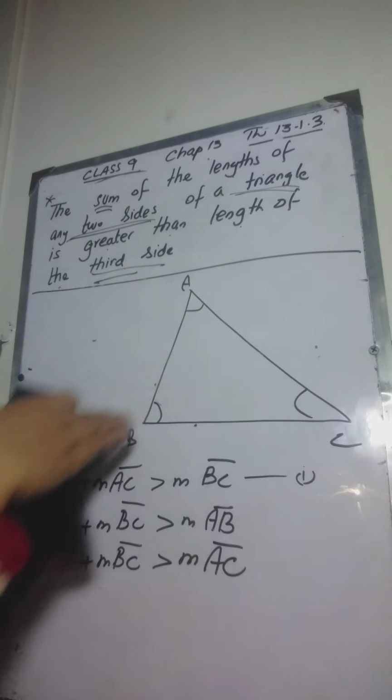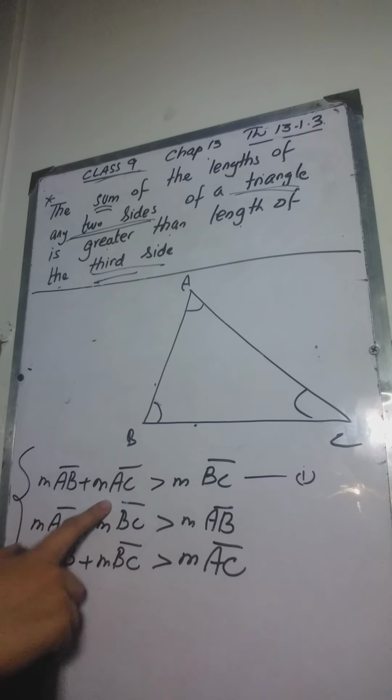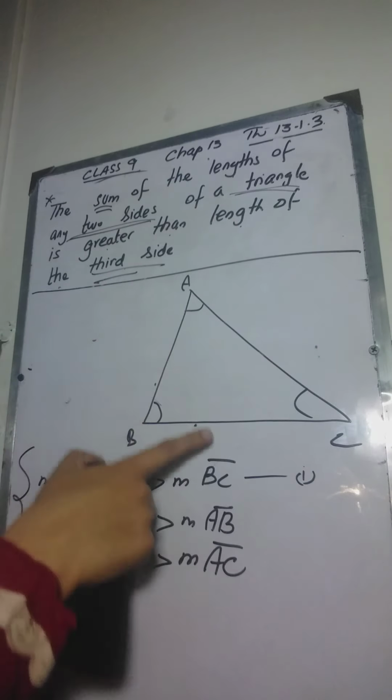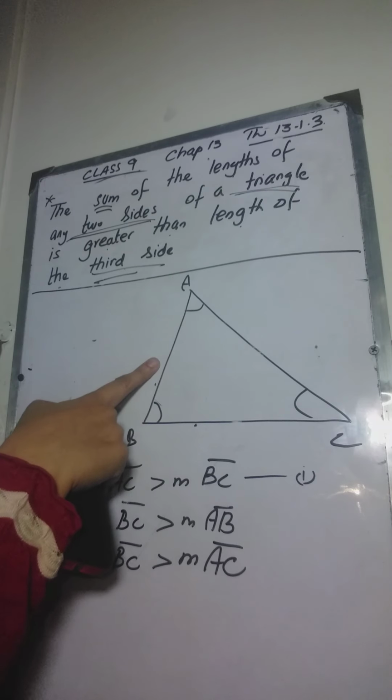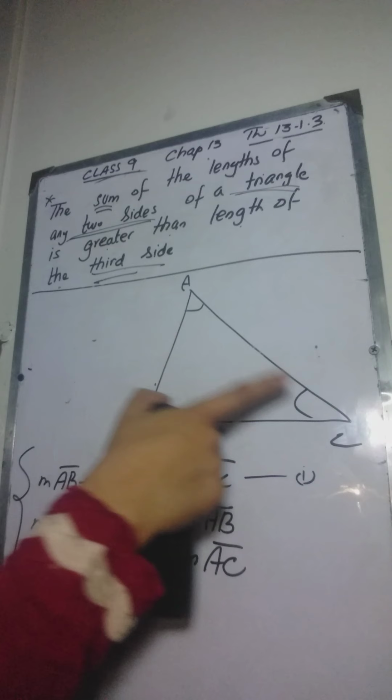We are given a triangle ABC only, and we have to prove that the sum of any two sides, for example, if you take these two sides, then the sum of these two sides is greater than the third side BC. And if you take these two sides, then their sum will be greater than AB, and if you take the other two sides, their sum will be greater than the third side.